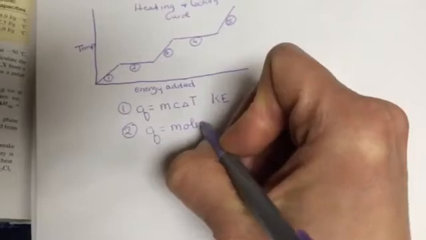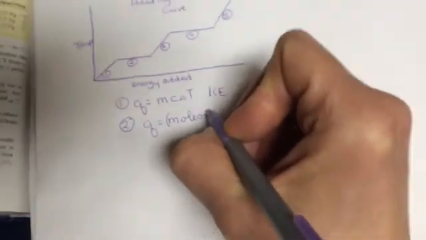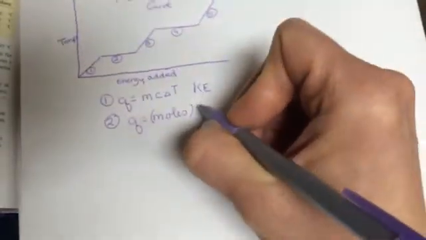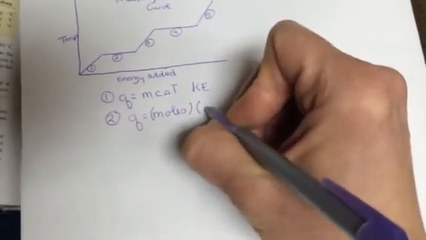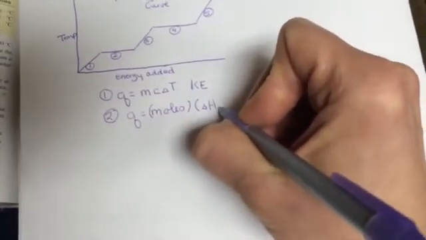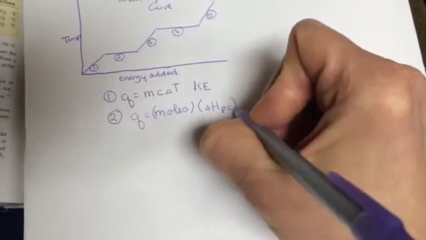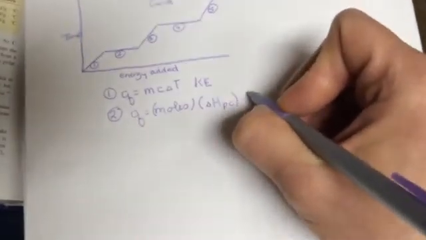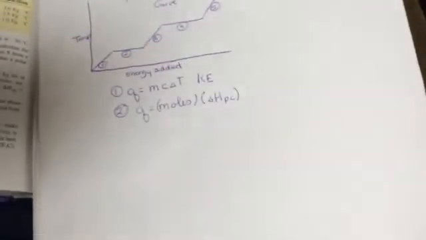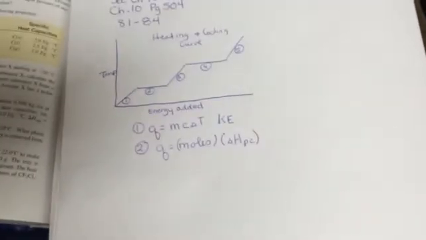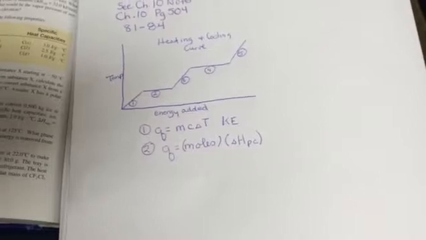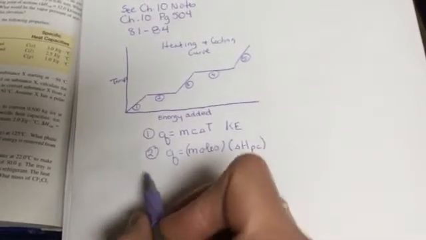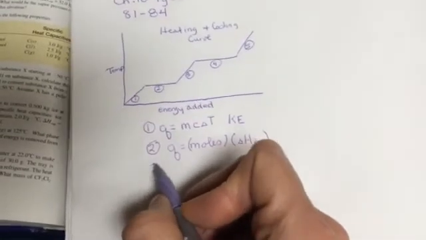You take the moles that you're changing the phase of, and you multiply that by the ΔH of that phase change. For example, this would be ΔH of vaporization or ΔH of fusion. Those values will be given to you on the test or in the homework problem. So can anybody predict for me what equation we would use at 3?